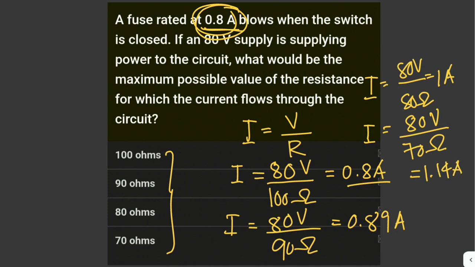Among the choices, only 100 ohms gives us 0.8 ampere. The rest are greater than the rated current. So the answer here is 100 ohms. That is the maximum possible value of the resistance for which the current flows through the circuit.